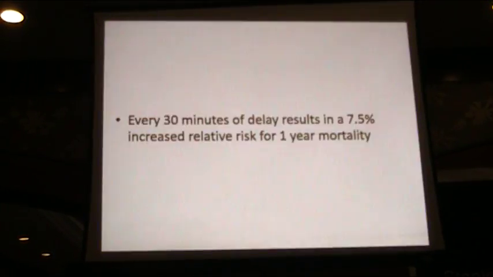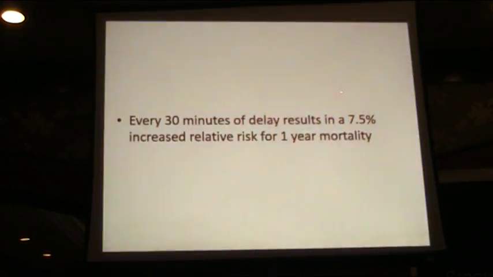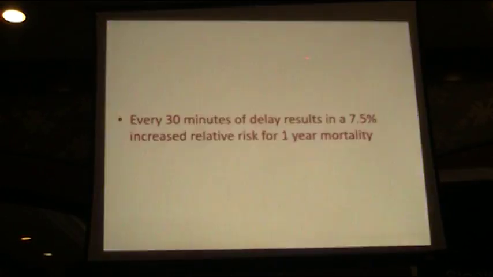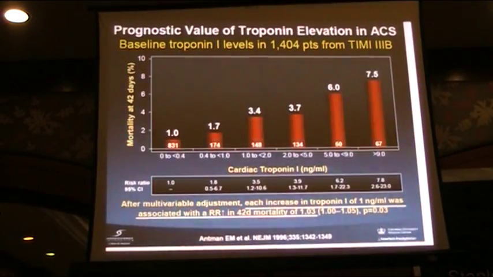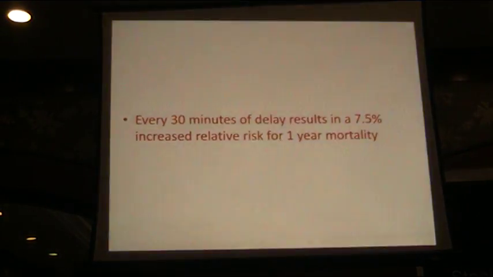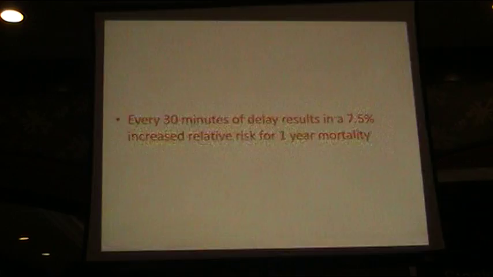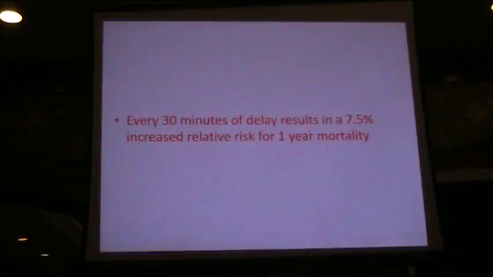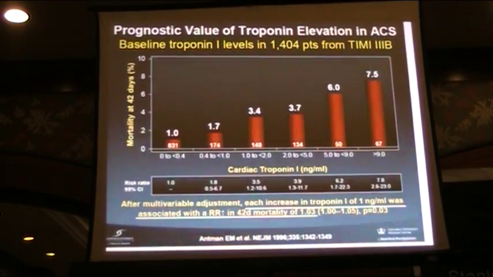Next. Every 30-minute delay leads to a 7.5 times increased risk of mortality, not immediate, sustained at 1 year. How does it do? It can lead to sudden cardiac death due to sudden onset of arrhythmia, or it could be progressive pump failure in the form of recurrent heart failure admissions. Next.